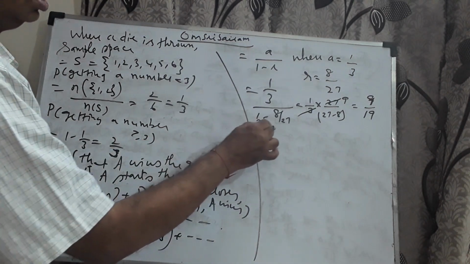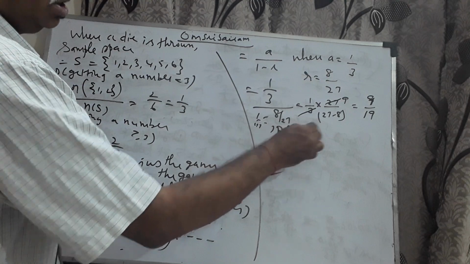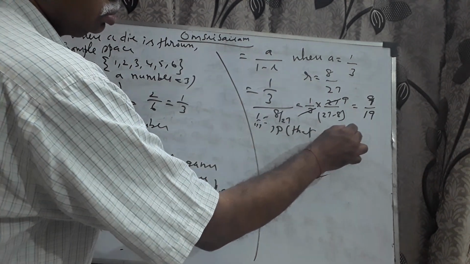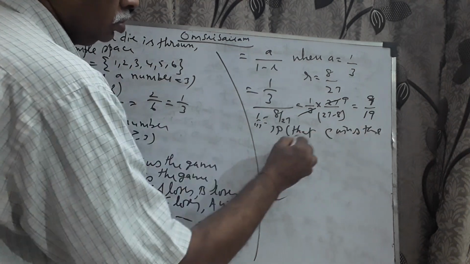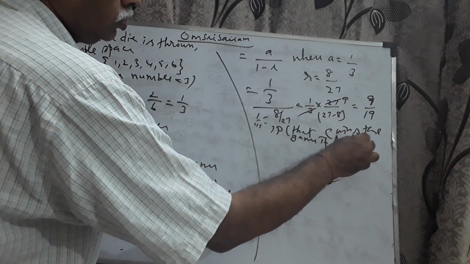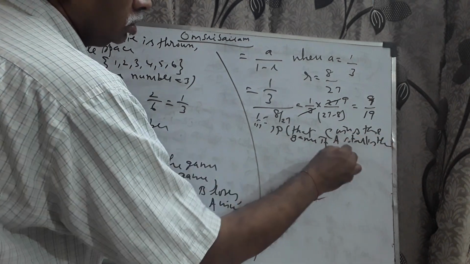Second subdivision. Probability that C wins the game if A starts the game. Who starts the game matters a lot.